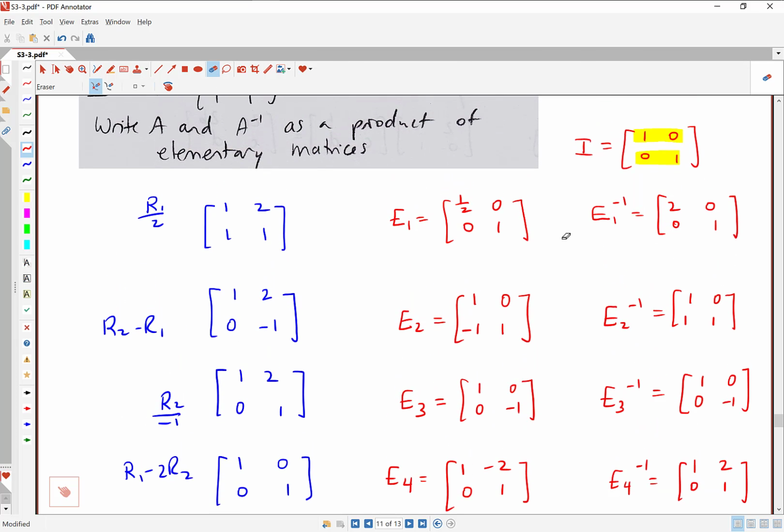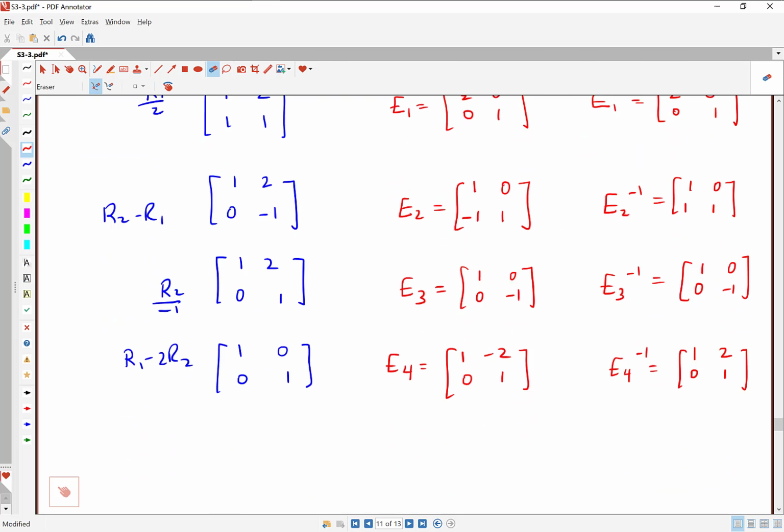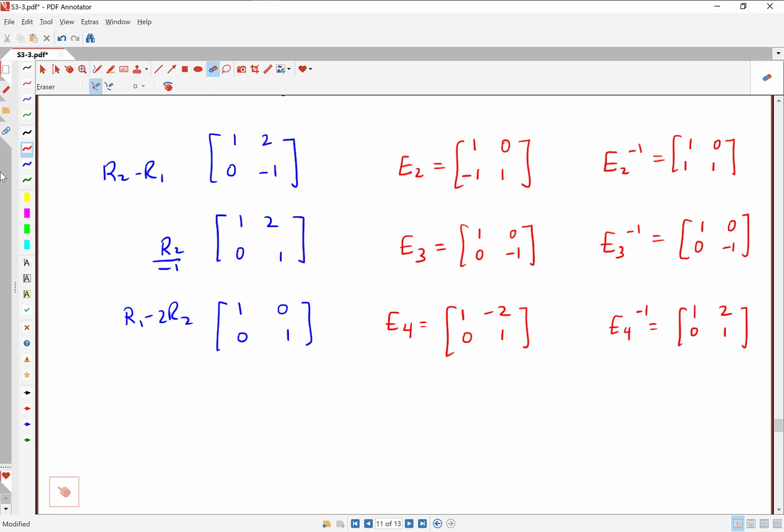So now our goal is to write A and A inverse as a product of elementary matrices. So let's think conceptually here. We started with A. We performed 4 row operations, and we produced the identity matrix. And we know from our discussion that elementary matrices have to act on the left of A. So the first row operation is represented by E1 coming in and acting on A, and then E2 acted, and then E3 acted, and then E4 acted.